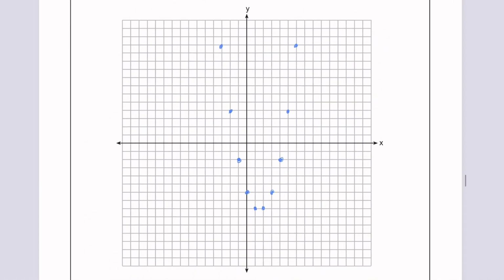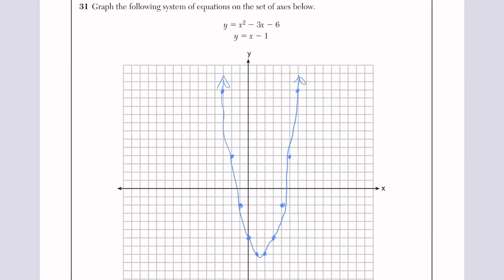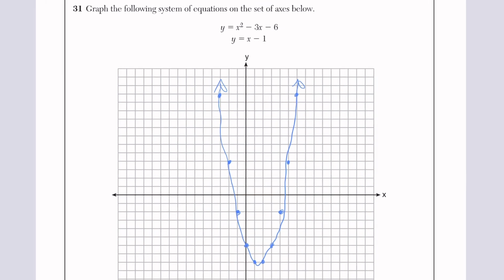So this is our first, and remember to draw your arrows. This is our first equation. I'm just going to label it, because labeling is important.